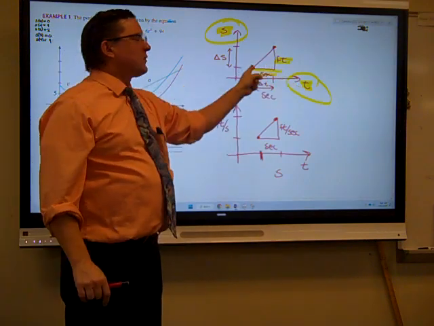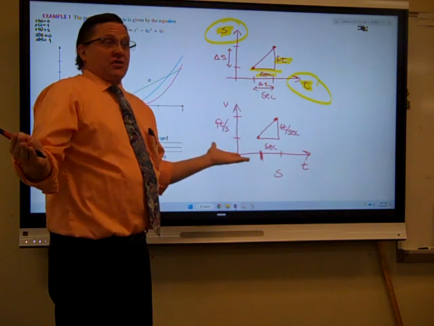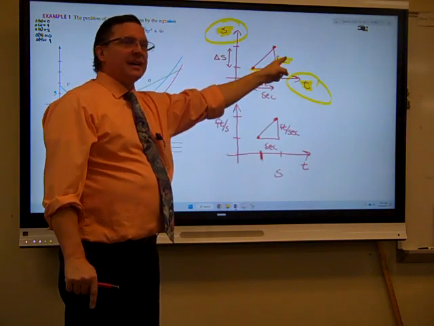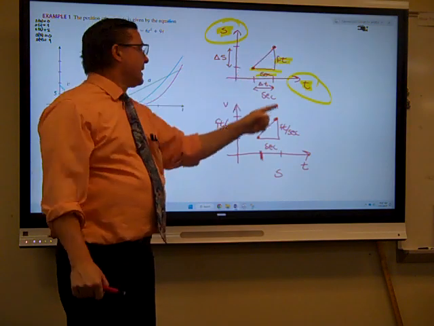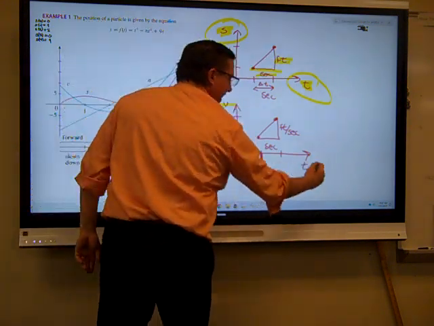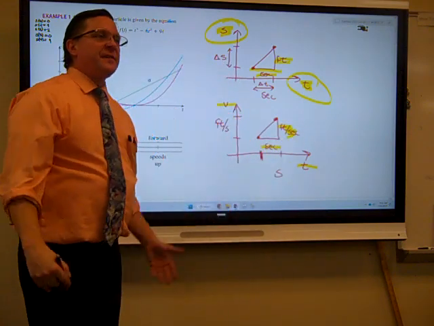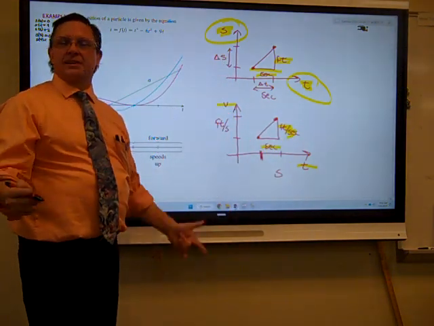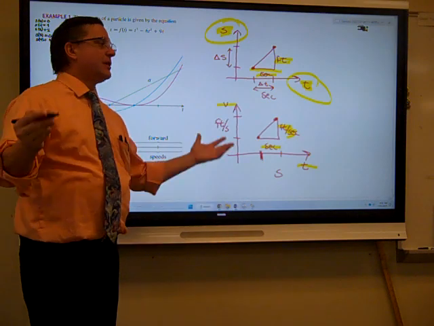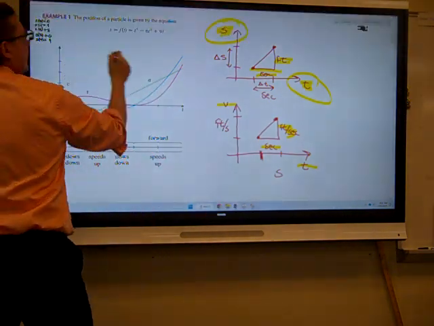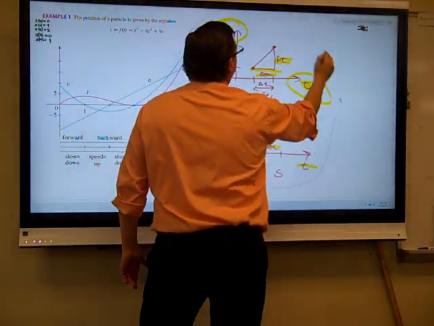What's the units of the slope? Feet per second. So guys, the derivative of position has units of feet per second. That's velocity. Guys, if you take a velocity versus time graph, and it's feet per second and seconds, feet per second divided by seconds is feet per second squared, which is acceleration. Everybody, that is why. The graphs tell us that the derivatives work.